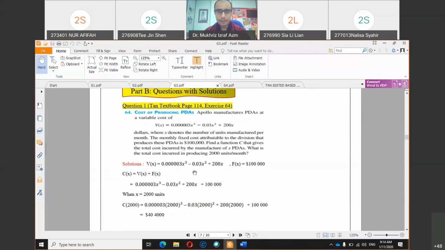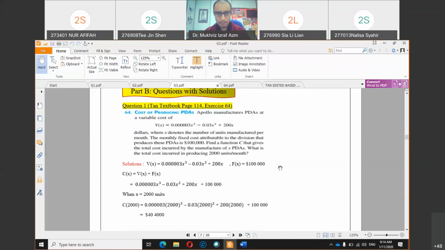Now Lisa, can you explain this example here? This is from the textbook. This one is about the cost of producing formula.